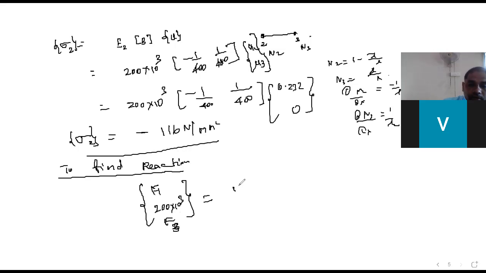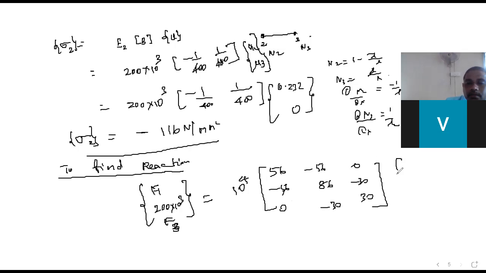It is equal to, we know the stiffness matrix, 10 power 4 into 56, minus 56, 0; minus 56, 86, minus 30; 0, minus 30, plus 30. Okay. So multiply by U1, which is 0, U2 is 0.232, which you have calculated. So you have to back substitute, that's it.